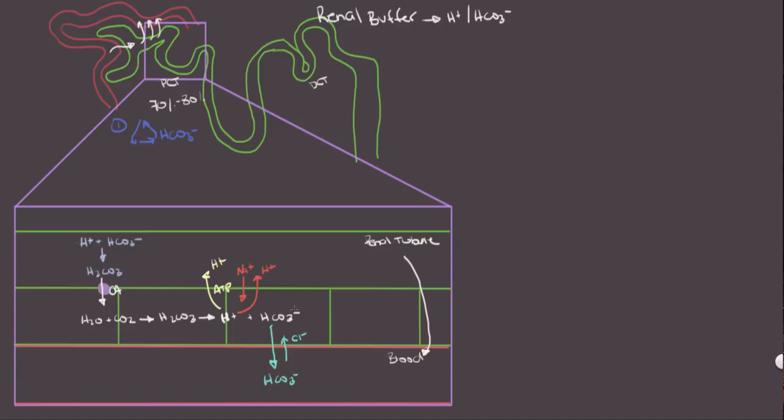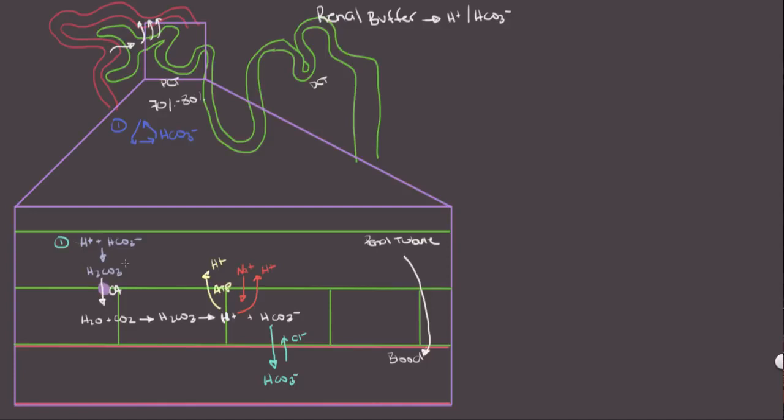If you think about the importance of that, when we started up in stage 1 here, with hydrogen ions and bicarbonate ions entering the filtrate, if we just left it here, these two ions would get peed out and we would lose this bicarbonate.